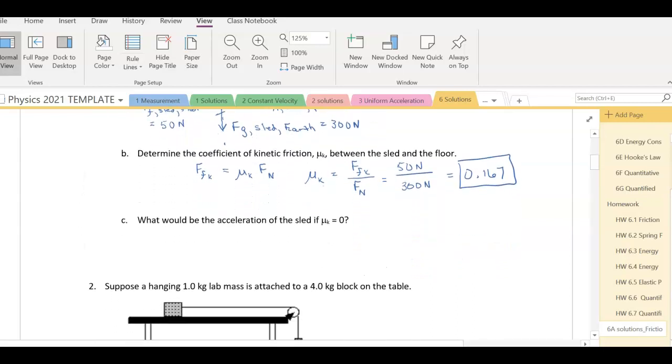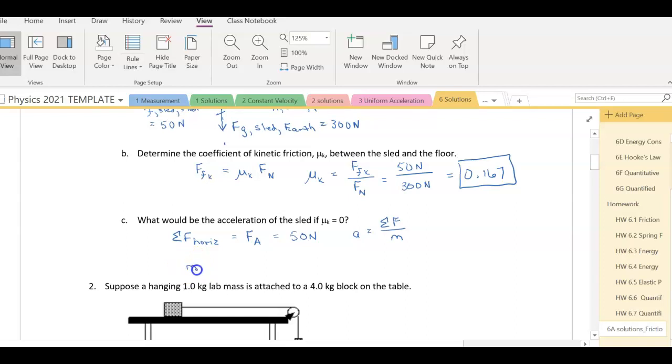Then the question is, what would be the acceleration of the sled if the coefficient of kinetic friction were zero? If there were no friction, then the net force in the horizontal direction would equal the applied force, 50 newtons, since there would be no opposing force. Acceleration equals the net force divided by mass, that's Newton's second law.